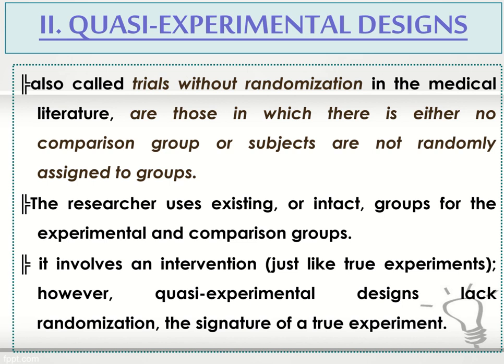So much for that. We now proceed to the second major category of experimental research design, which is quasi-experimental. So it is also called as trials without randomization in the medical literature.